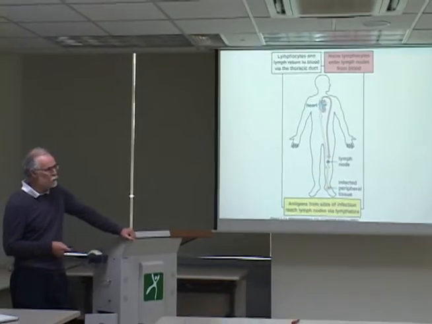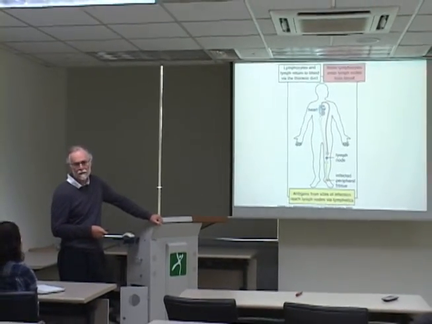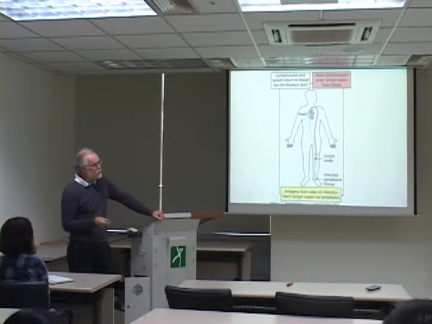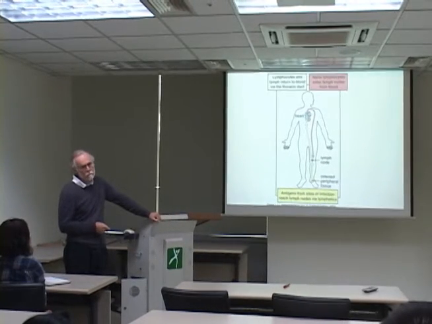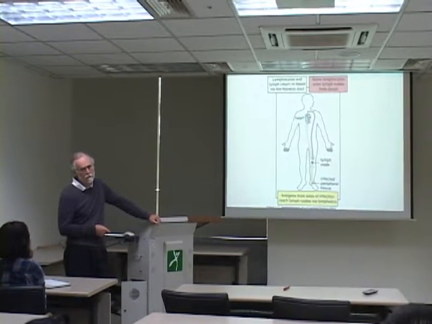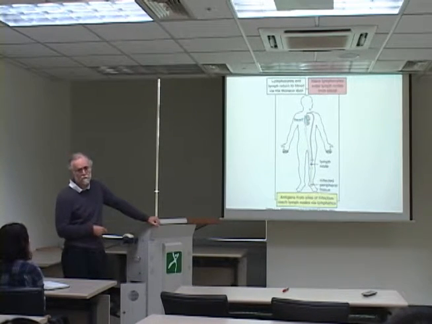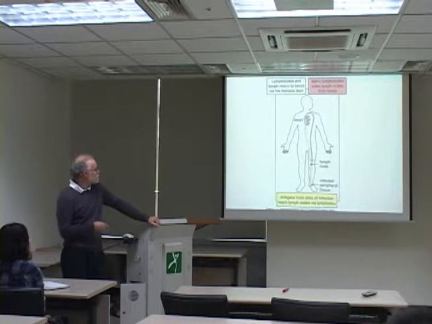And you can collect enormous numbers of lymphocytes. A normal mouse has in the order of 2 by 10 to the 8 lymphocytes, and if you cannulate the thoracic duct, overnight you can collect half that number, something like 10 to the 8 cells. These are very useful and totally alive cells that you can do lots of nice experiments with.